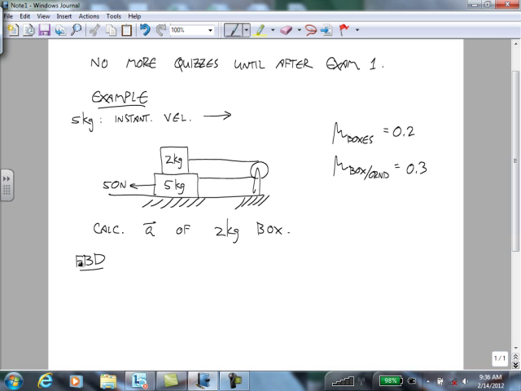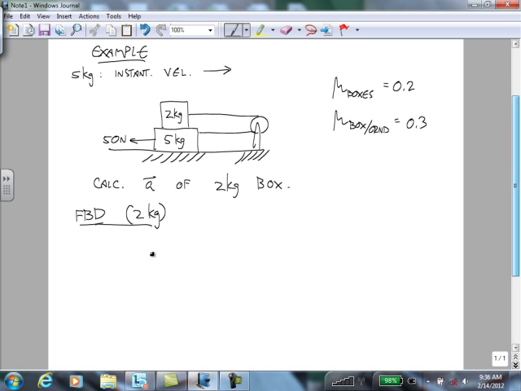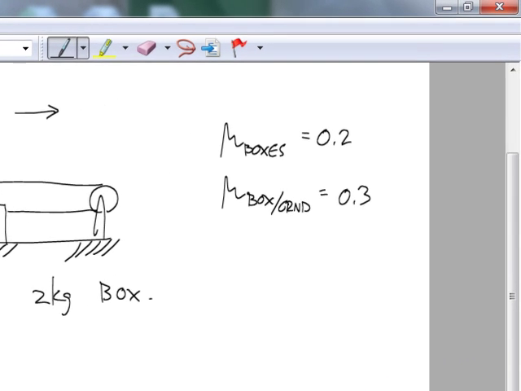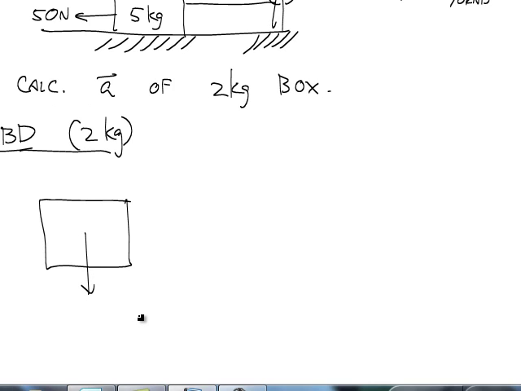Okay, so a free body diagram of the 2 kilogram box. Well, I mentioned before, the way to think about this is, draw the outline. We know that gravity is acting on it. So we have a force downward of 2 kilograms times 9.81, so 19.62 newtons down. Move that out of the way a little.